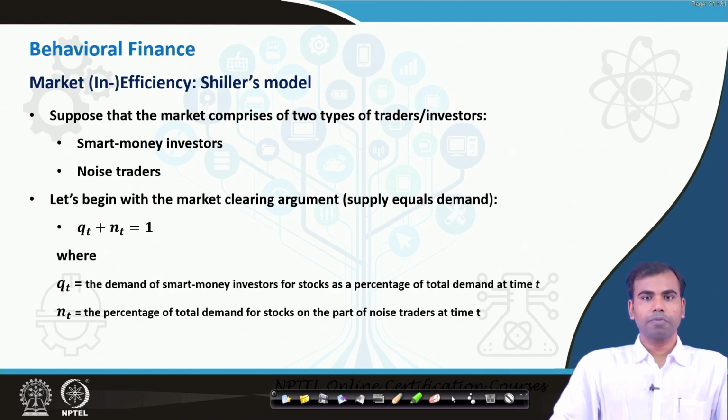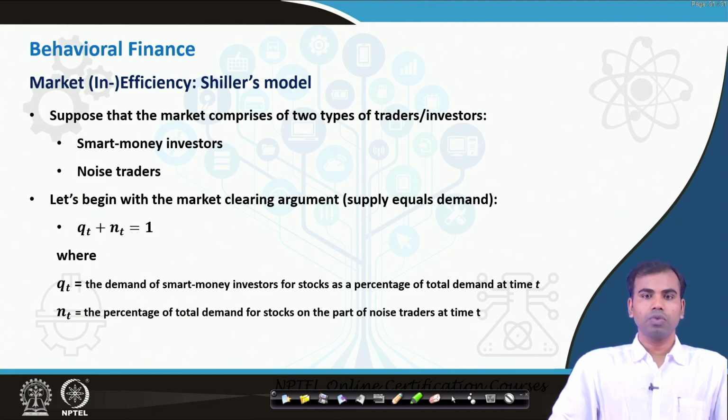If I try to explain this framework in a more detailed way, we will understand how smart money investors would find it difficult to find the right valuation of any financial asset, given that noise traders behave in a systematically erroneous way, and that makes the whole pricing framework even more difficult.